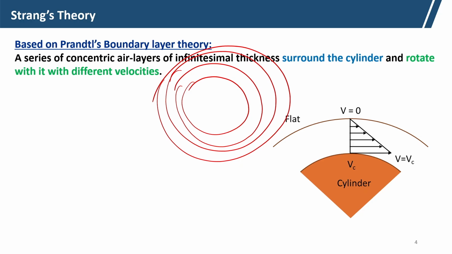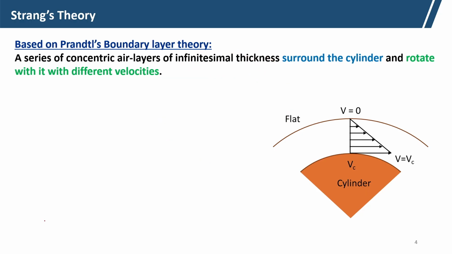Because when the cylinder rotates, the concentric air layers will have some movement surrounding this cylinder. So, a series of concentric air layers of infinitesimal thickness surround the cylinder and rotate with different velocities. So, there will be relative velocity.